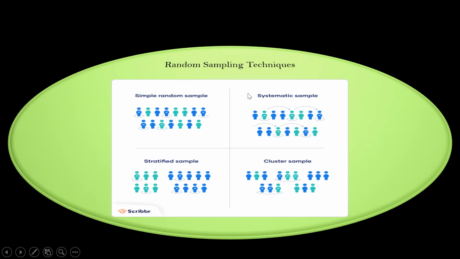So a simple random sample. Think of a simple random sample as this hat with names in it. And you mix all the names up. You close your eyes, which means you're going to blindly choose a name. Then you pick another name, and you randomly choose another name until you've achieved the sample size of interest. So you're randomly choosing individuals.